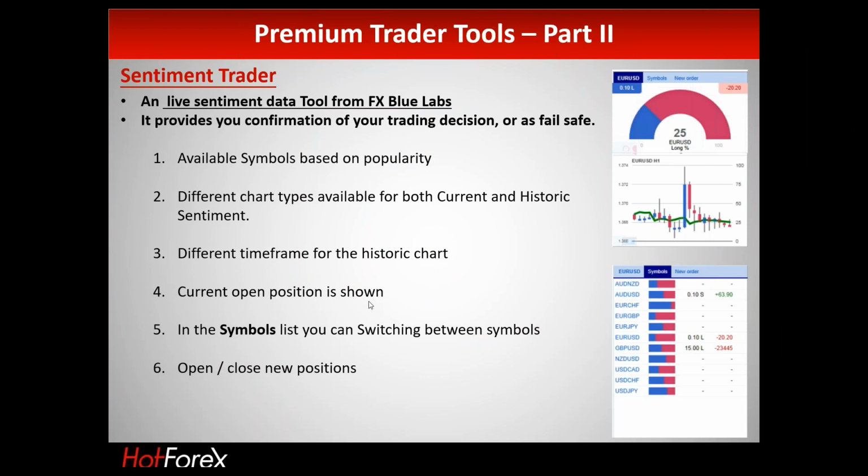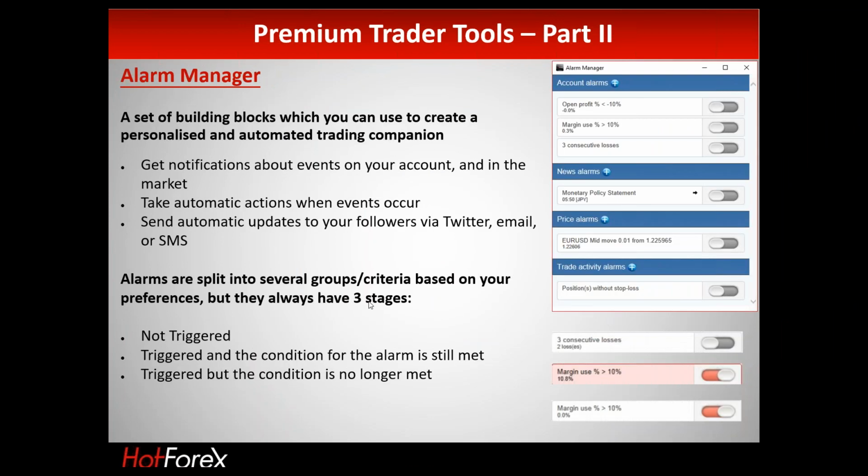Let's go to the second tool. The second tool that we have is Alarm Manager. This is exceptionally good for people that have a standard trading journal. So let's say you're trading based on some specific things.